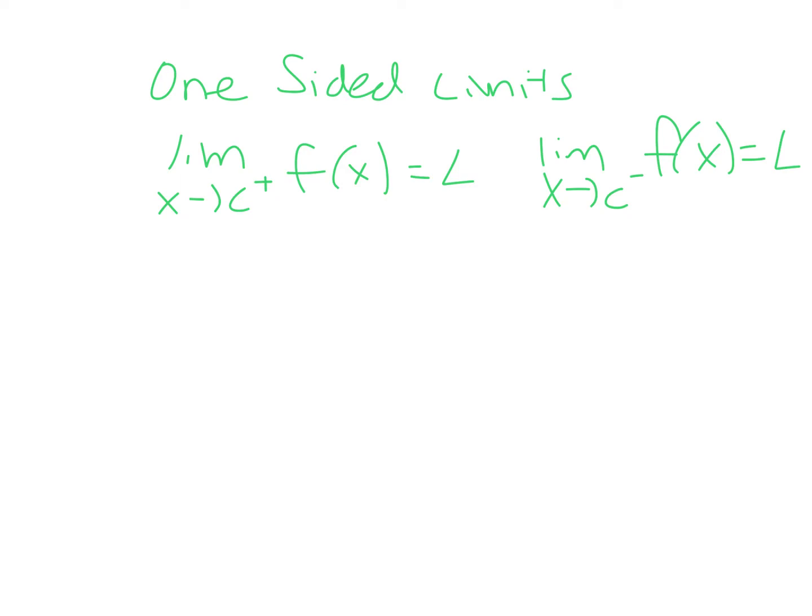There's such a thing as one-sided limits, where this to the left right here, I should have made it to the right, because this is a limit coming from the right with a plus on top, and the limit comes from the left. That's when we're just analyzing if it's coming from the right or coming from the left. If I give you a graph of this, so you have this graph, just making one up here, and I asked you for the limit coming from the right, your answer would be whatever this dot would be right here, okay?